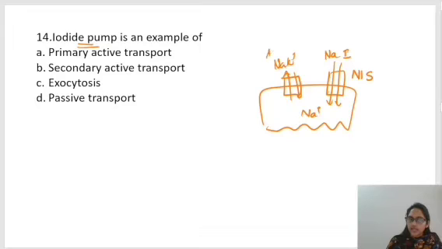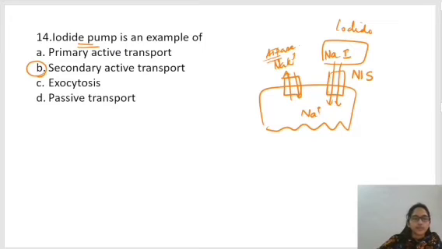So the same thing only. For sodium iodide symporter to function, for sodium and iodine to enter inside the thyroid cell, the sodium concentration inside the cell has to be maintained. That is maintained by sodium potassium ATPase pump. So sodium iodide symporter, this is nothing but the iodide pump that indirectly utilizes ATP. So it is an example of secondary active transport.